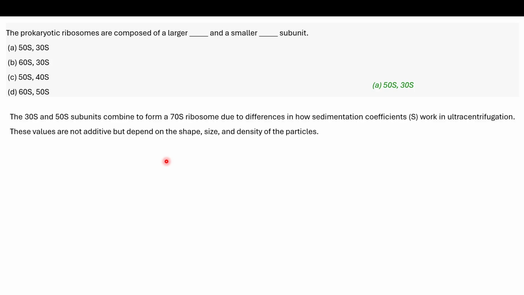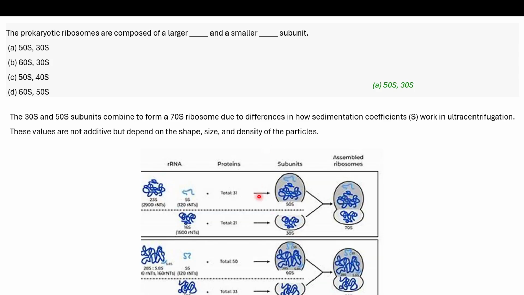So the 30S and 50S subunits combine to form the 70S ribosome, or in eukaryotes, 60S and 40S combine to form the 80S ribosome, due to differences in how sedimentation coefficients work during ultracentrifugation. These values are not additive, but rather depend on the shape, size, and density of the particles. That is what I was talking about.